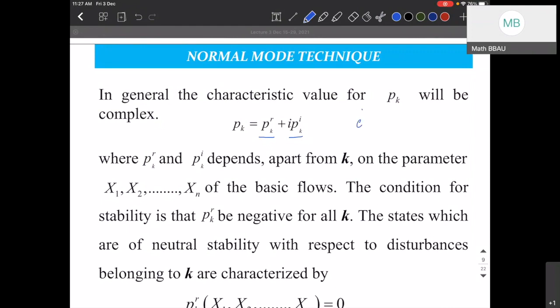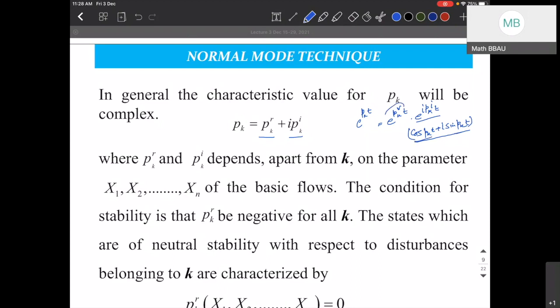So if we are taking e^(p_k t), it can be written as e^(p_kr t) into e^(i p_ki t). This is a complex quantity which can be written as cos(p_ki t) plus i sin(p_ki t). So this is basically oscillatory, where the cos value lies between -1 and +1, and sin lies between -1 and +1.